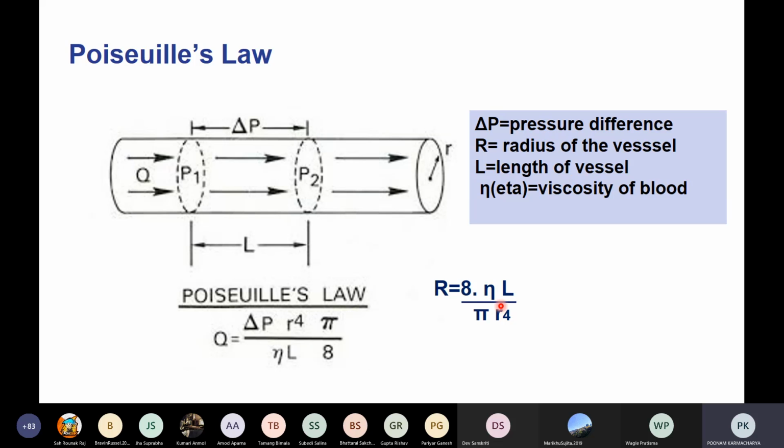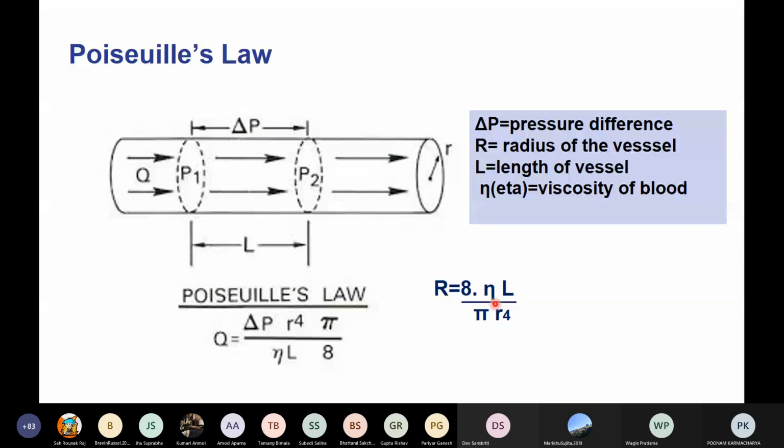But the resistance is more influenced by the radius of the vessel wall. So you can see how they are related. Resistance is inversely proportional to the fourth power of the radius. That means even if the radius is decreased to half, what will happen to the resistance?